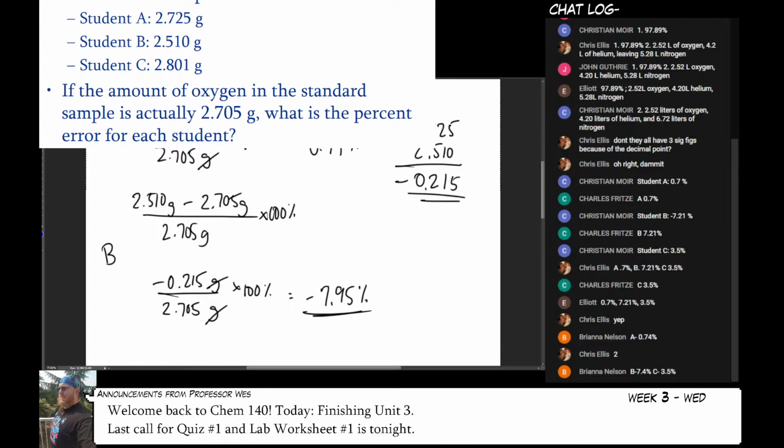And so this is B. The negative symbol on my percent error tells me, hey, your answer was this percentage off of the correct answer, and the negative means that you were in the direction of it being too small. A positive percent error means that your answer was too large. So negative is not inherently bad. So if you get a negative percent error, it's okay.